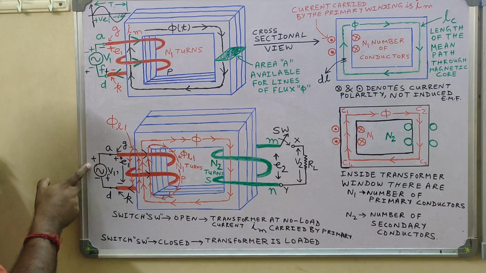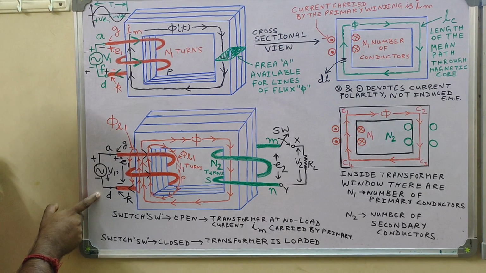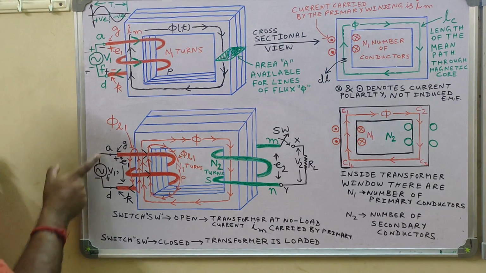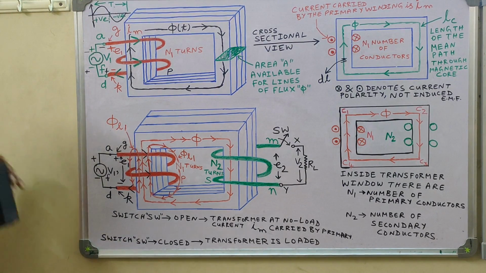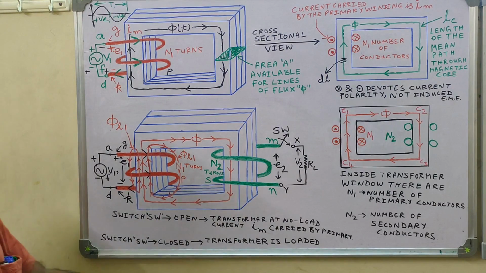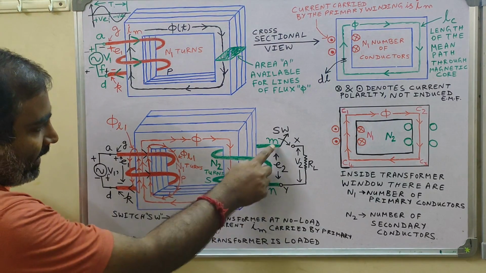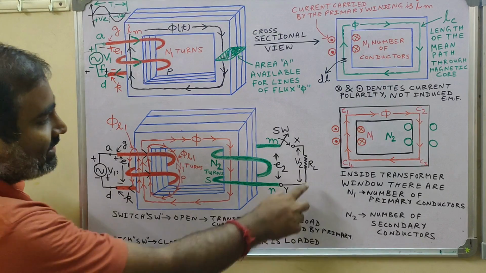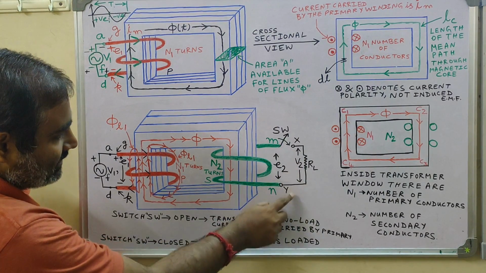The two terminals of the voltage source are A and D, and the two terminals of the primary winding are G and K. Likewise, the secondary winding has two terminals denoted by M and N, and the load has two terminals denoted by X and Y.